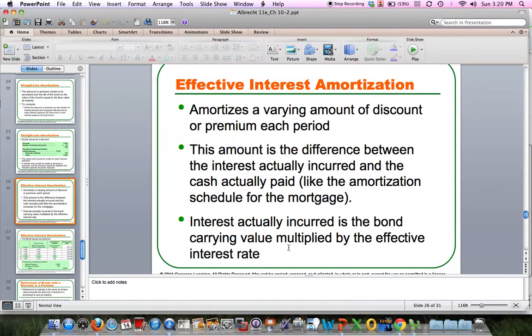It works just like a mortgage, where with every single interest payment, the cash we pay is the same. In the example on page 478, it's $6,000. But what changes every period is how much goes to interest expense versus how much goes to amortization.